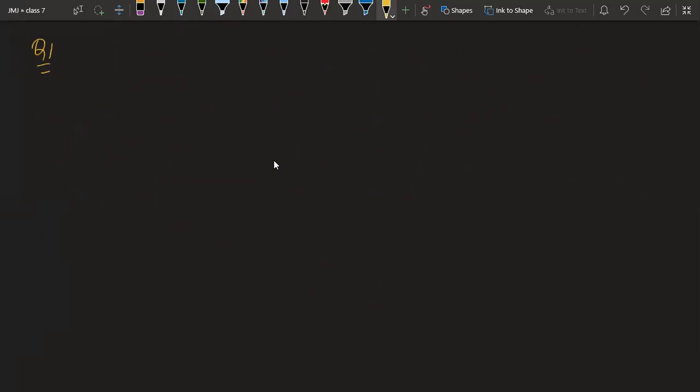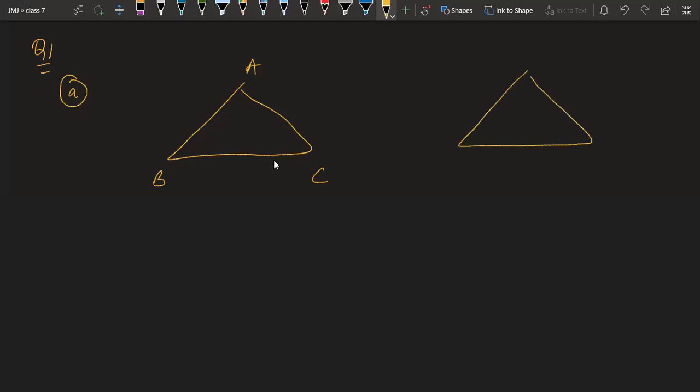In question number 1, they are saying which congruence criterion do we use in the following? Suppose I take A part. In A part, they are saying two triangles are there, ABC, you all are requested to see in your books also, and the second triangle is DEF. Now see what they have given us.